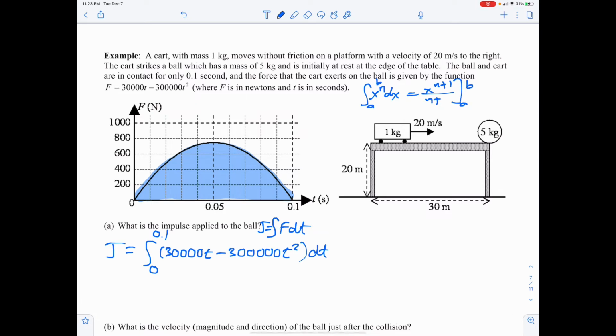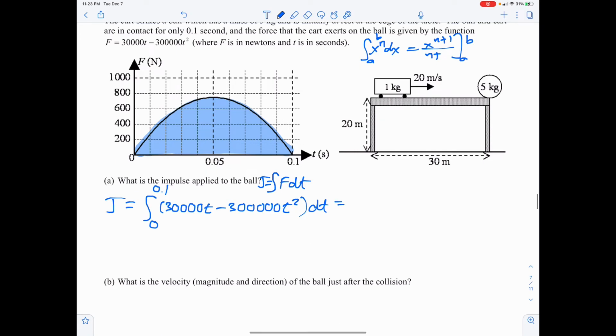Okay, so now this is going to look like 30,000 t squared over 2, because your t is to the first power, minus 300,000 t cubed over 3, and you're evaluating this from 0 to 0.1.